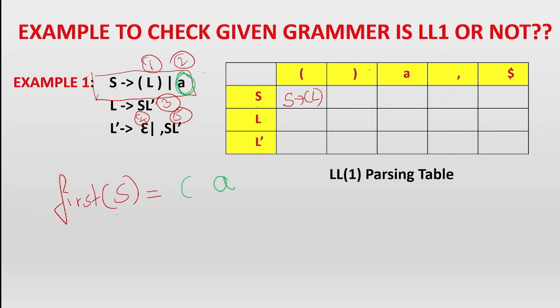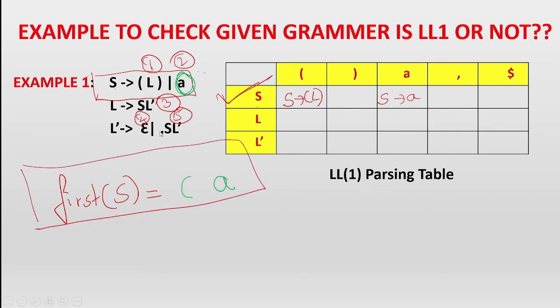So where are we going to write production number 2? Over here. It is a production of S. So we have to write in the S row only, because both S goes to L and S goes to a are productions of S. So we cannot write it in other rows like the L and L dash rows. We have to write it in S only. And in the a cell only S goes to a will come.